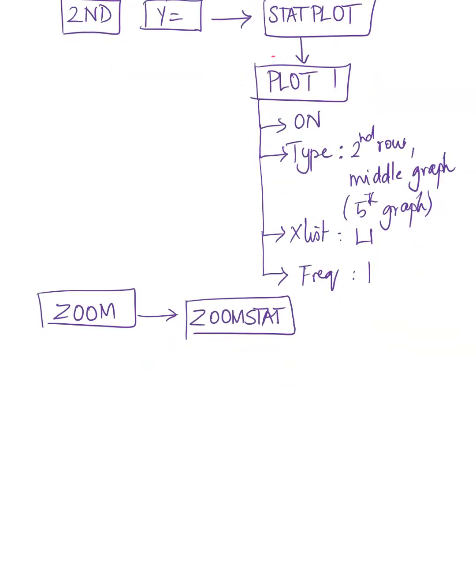Now we have 3 stat plots: plot 1, plot 2, plot 3. The whole idea of the 5-number summary or box and whisker is to compare, so usually there are 3 data sets that are compared.